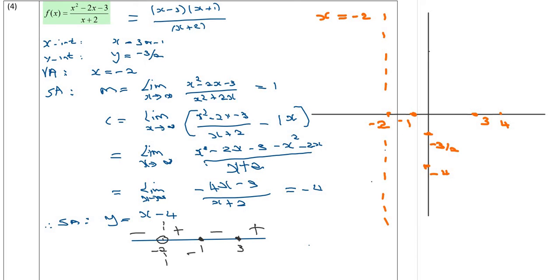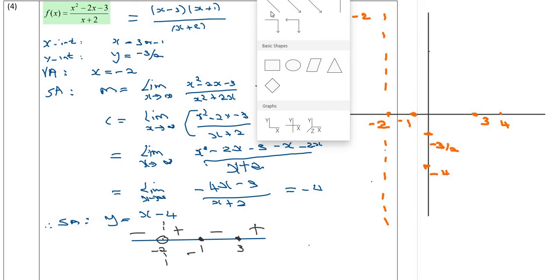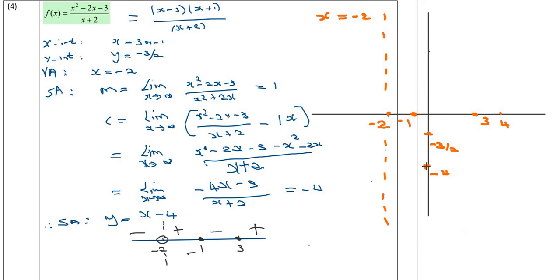Alright, so we need to draw that asymptote. Now I'm going to just draw it here, to see how good I can get it with this application. Sometimes it's a bit of a struggle, but please do it with broken lines. I'm just going to click on it again and try to extend it.